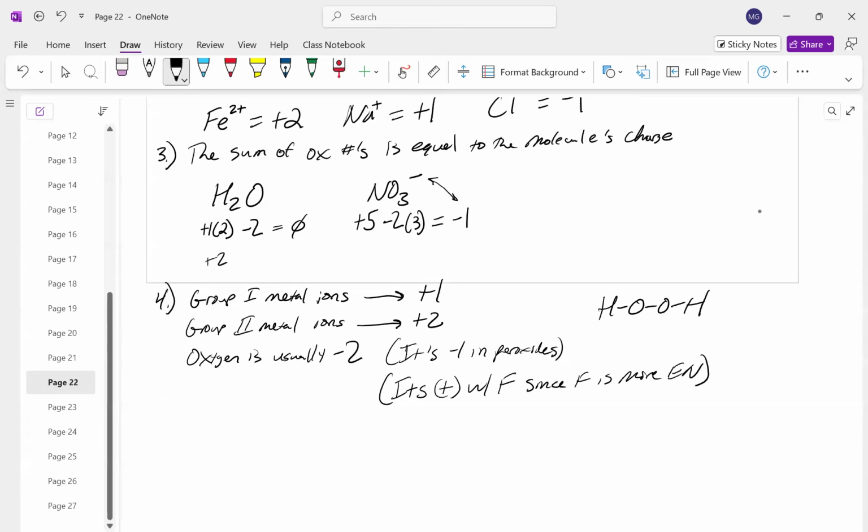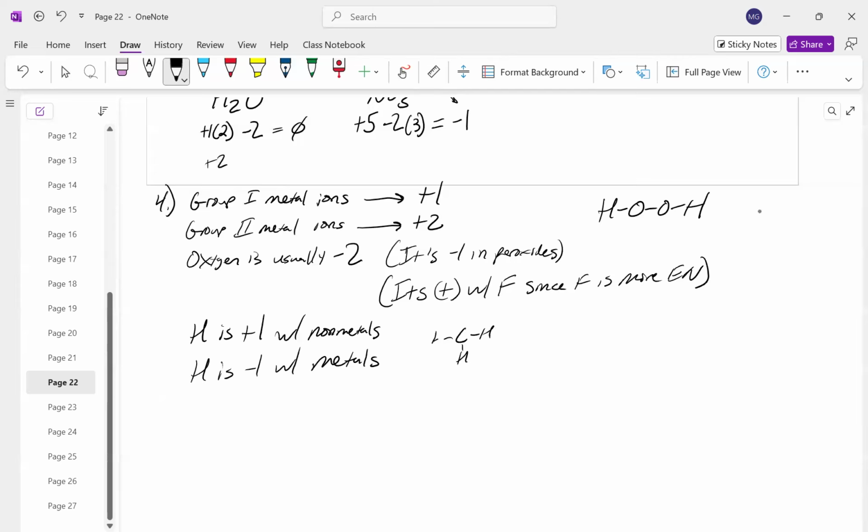The next atom we'll look at is hydrogen. Hydrogen is +1 when it's bonded to nonmetals, and hydrogen is -1 when bonded to metals. So, for example, in CH4, each of those hydrogens is +1, has a +1 oxidation state.